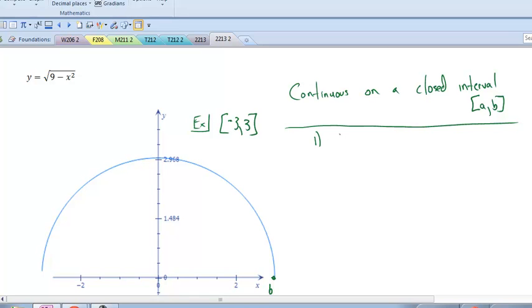Again, we need f to be continuous on a b.